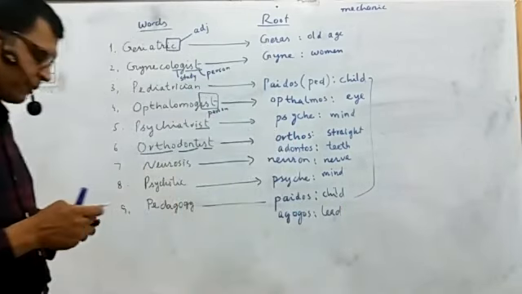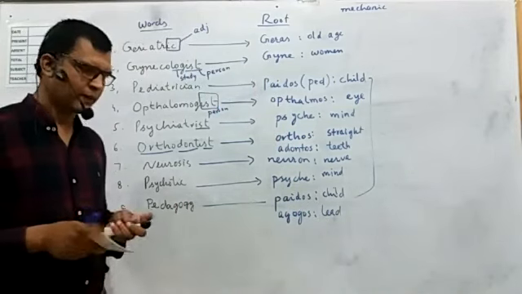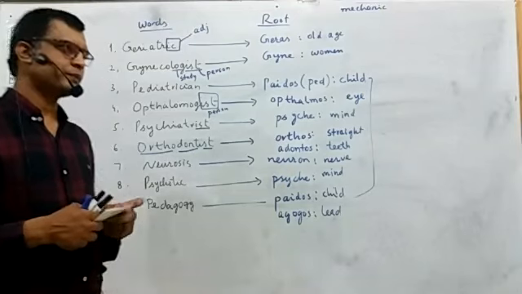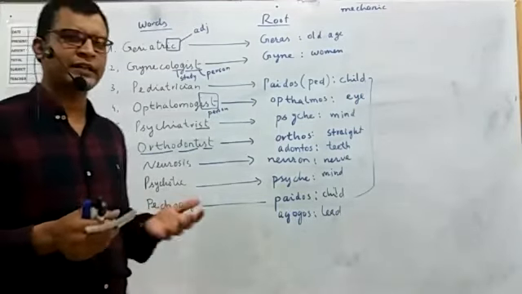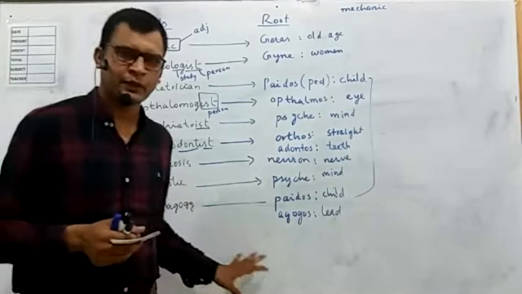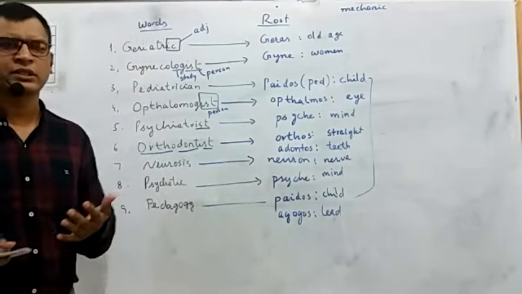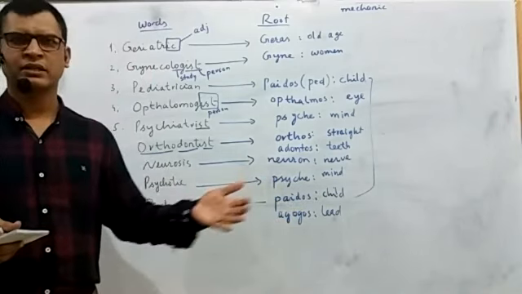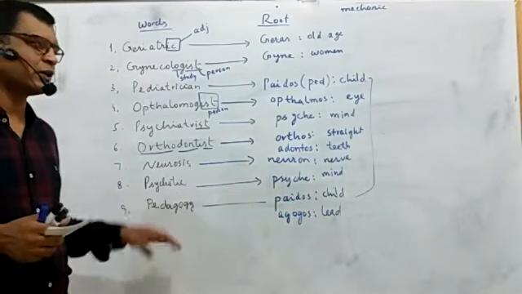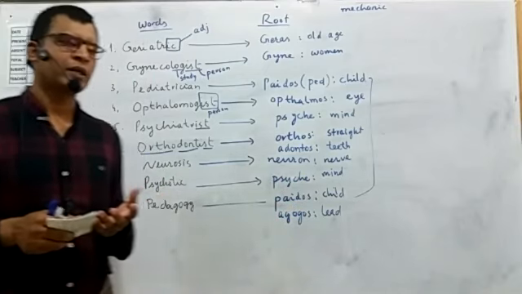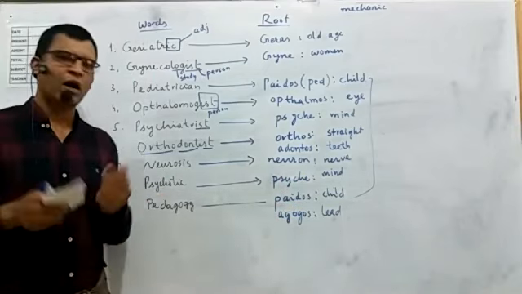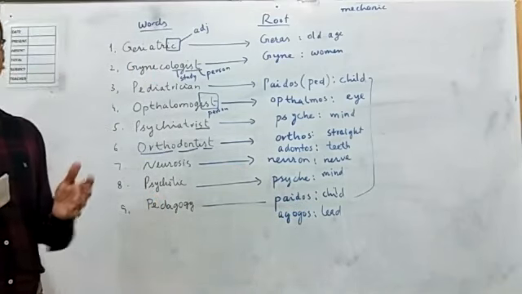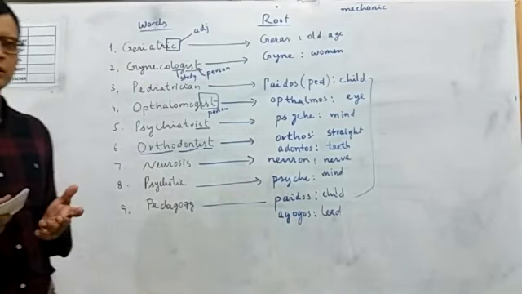So pedagogy is basically leading the child. Education is where we use this term pedagogy, because education is a system that leads a child to a better way of living. So in pedagogy, we study the different behaviors of children, how we can control those behaviors, and how we can best lead them. What methods should be used?